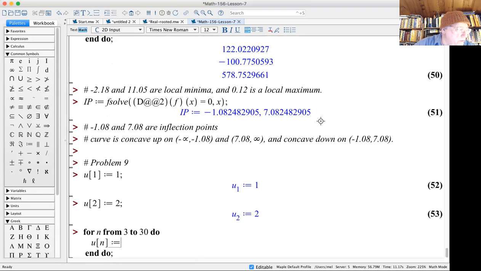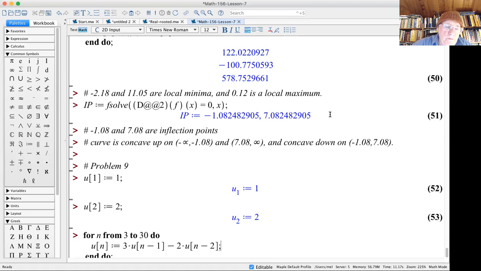And un is going to be equal to 3 times u n minus 1 minus 2 times u n minus 2.